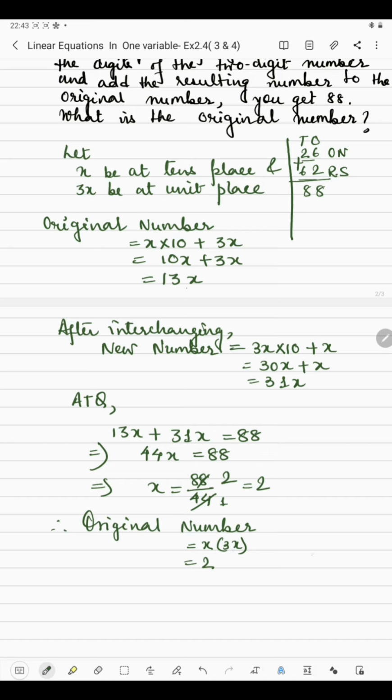So what will be 3x? The value of x is 2, so 3x will be 6, so the digit will be 6. So the number is 26 here. Why? Because x is at tens place, so 2 will be at tens place, and 3x is at unit place, so 3x means 6, so 6 will be at unit place. So the number will become 26.